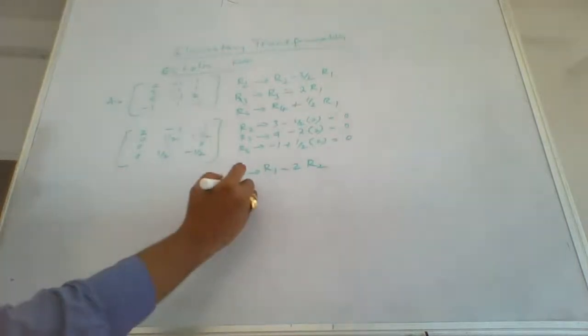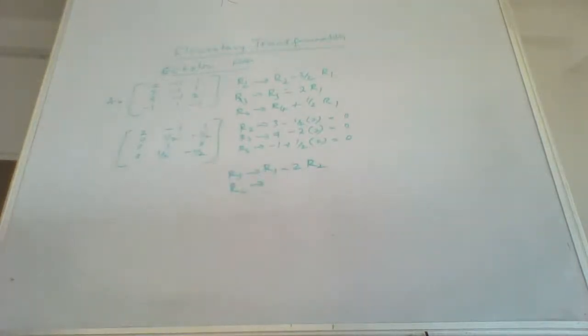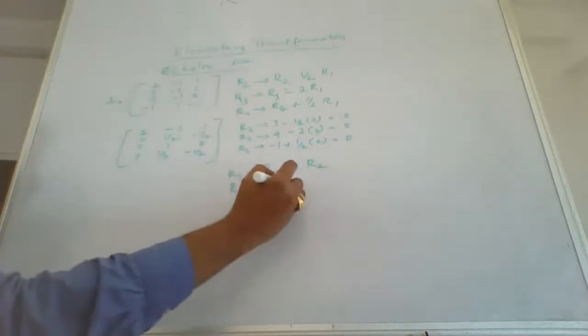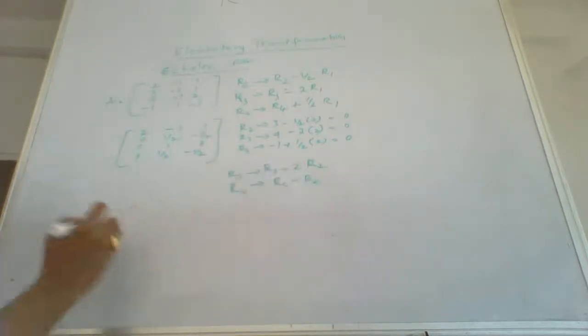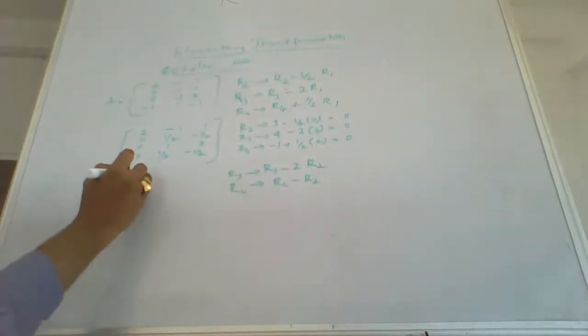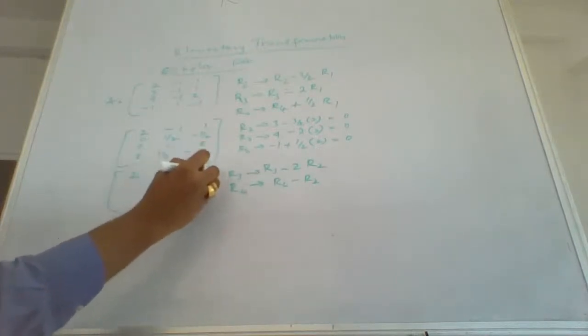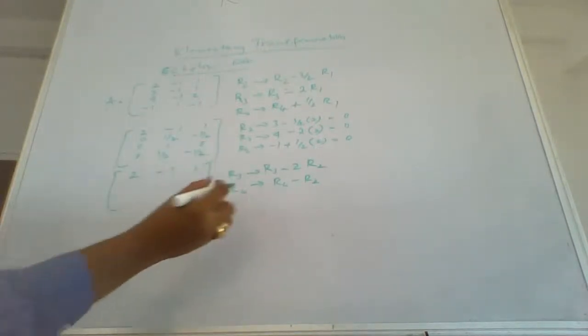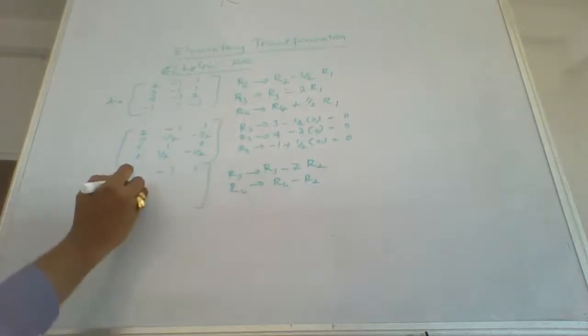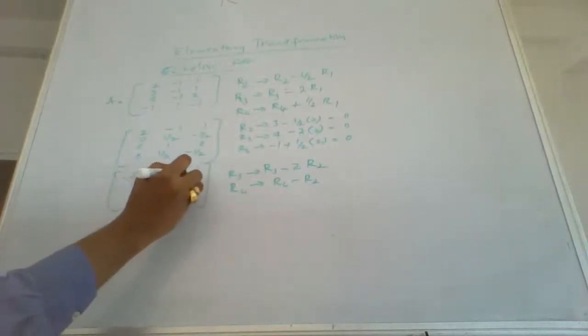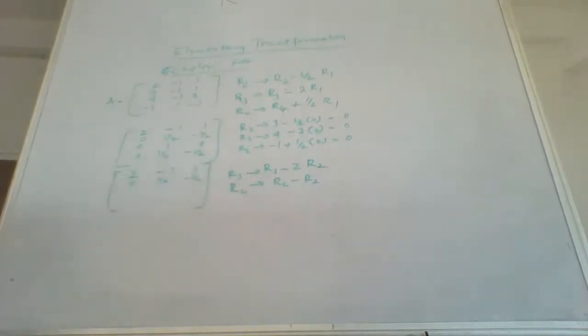And R4 would be R4 minus R2. Let us do that operation. 2 minus 1, 1. So I'll be touching only R3 and R4.